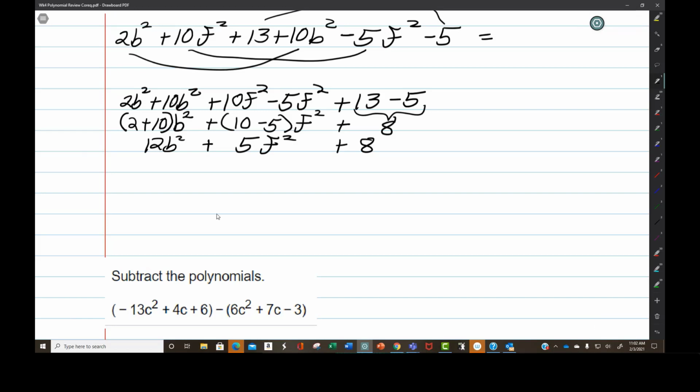Here is your answer that you would write in the answer box in MyMathLab. All of these are homework questions in MyMathLab.